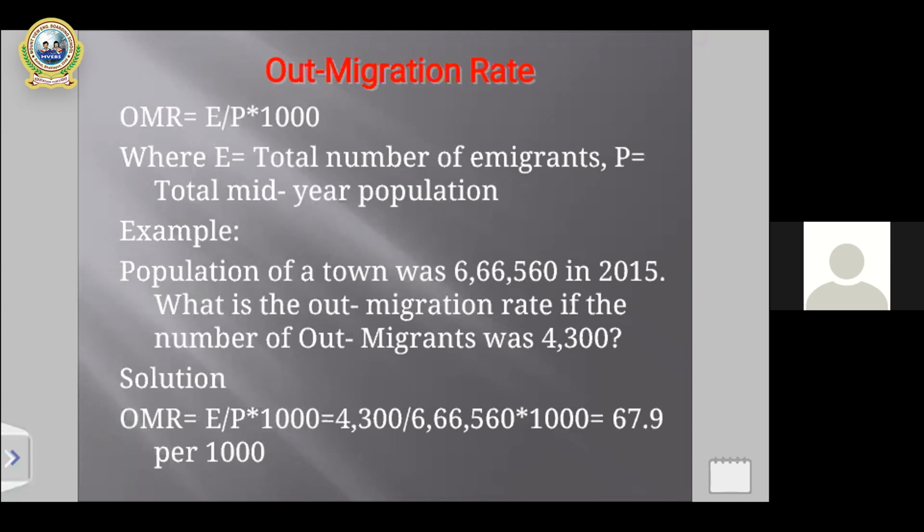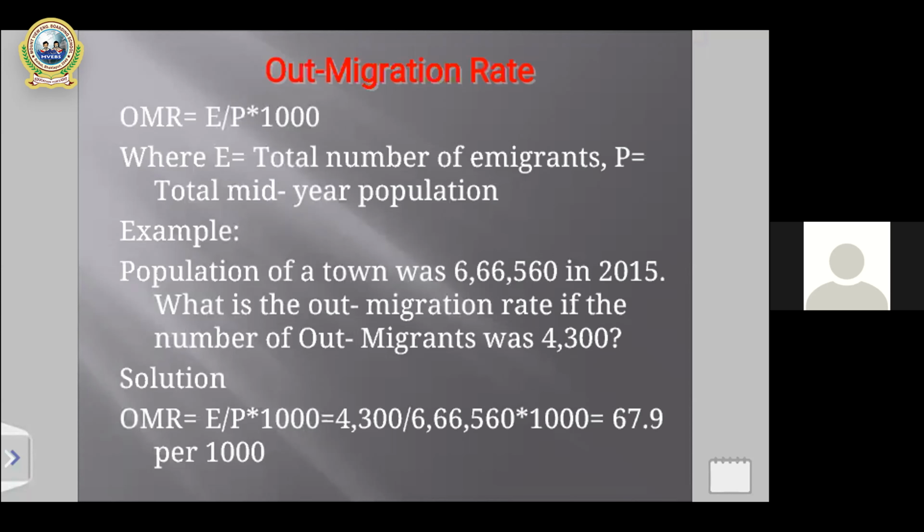And P equals, same as in IMR, the total mid-year population of a certain place. That's the meaning of P.